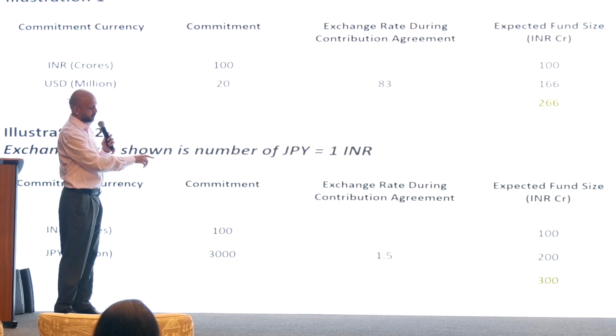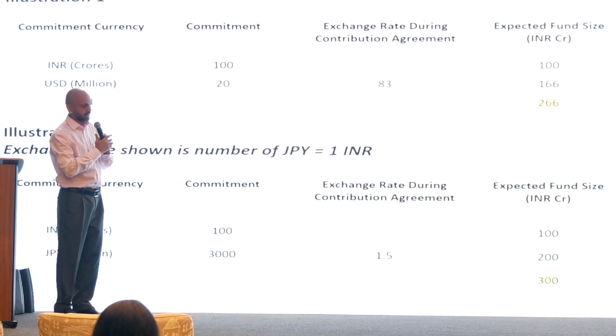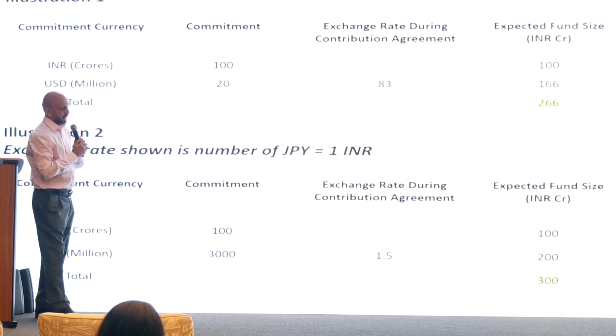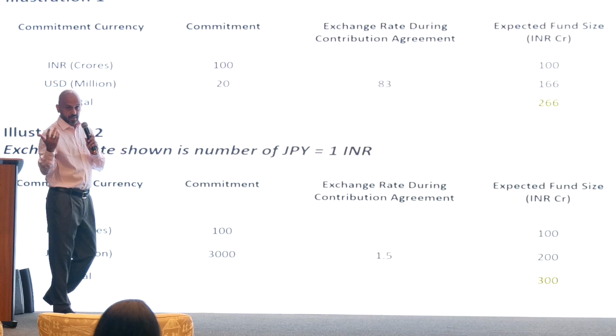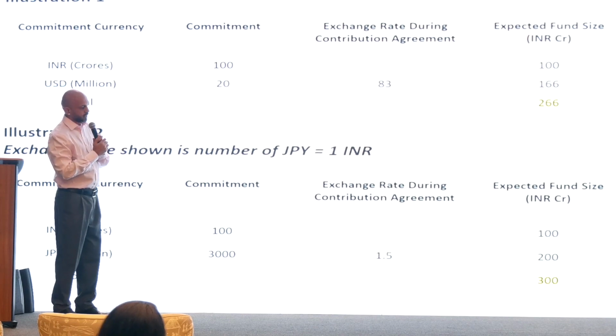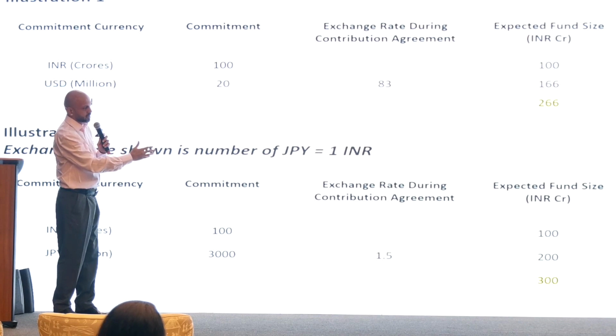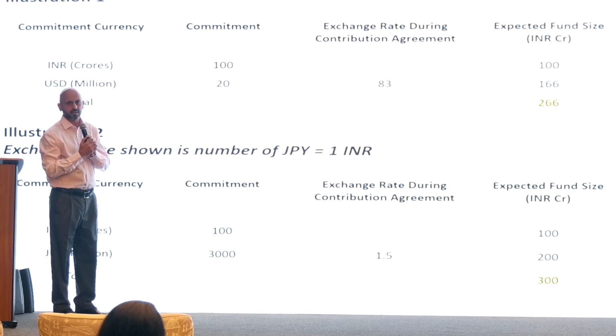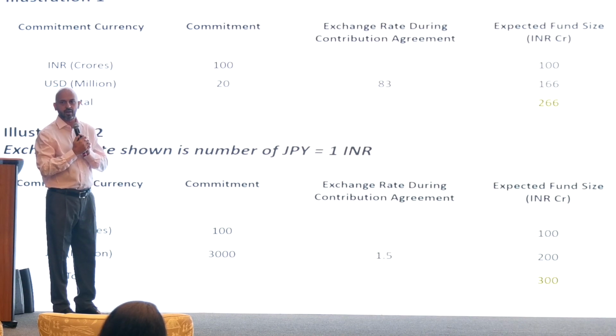The INR JPY conversion rate has gone from 1.5 to 1.89, and during this time, a hypothetical CAT2 fund's size would have gone from 300 crores to about 260 crores, which is a substantially smaller eventual fund size due to exchange rate movements.